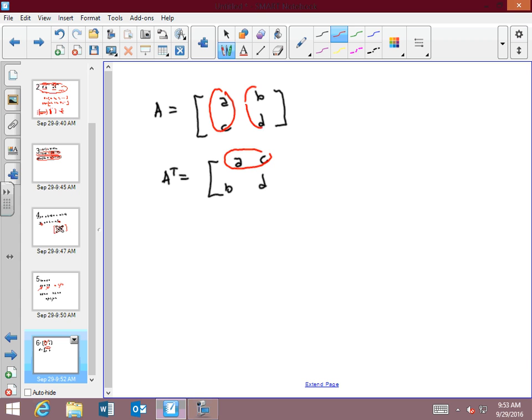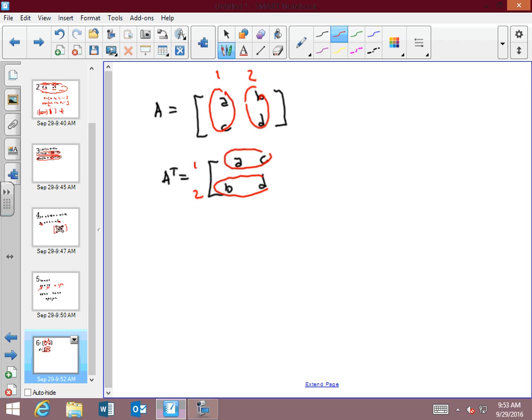The column becomes the row. So this is first column, second column, then it becomes first row, second row. That's a transpose.